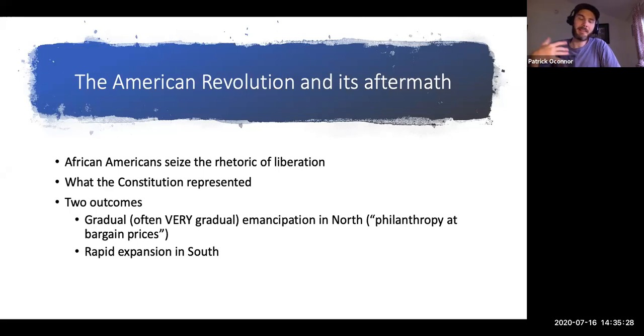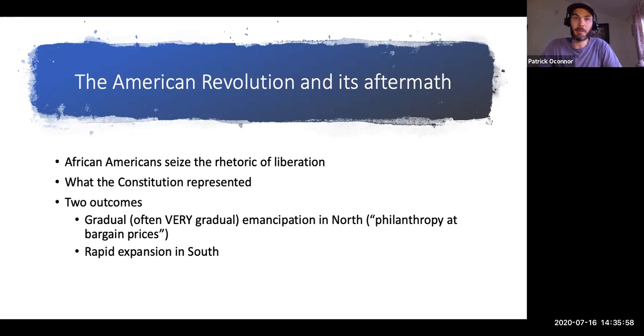So when we often tell the history of the Revolution through a white perspective, we think of patriots in places like Concord, Massachusetts, or Saratoga, New York, or something like that. We usually have a white face in mind based on popular tellings of the history of the Revolution. In fact, African Americans were completely central to the events of the Revolution, and their lives were profoundly affected by it, right?